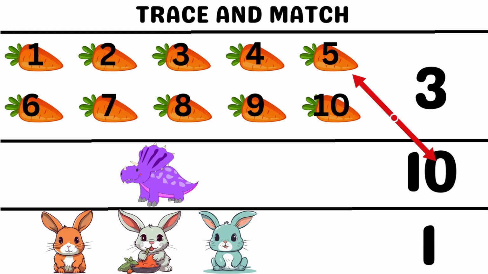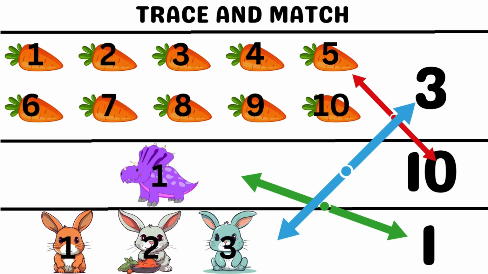Now, which of these is just 1? 1. 1 dinosaur. Correct again! Can you match the object to its correct number? 1, 2, 3. 3 bunnies. That's right! You are amazing!